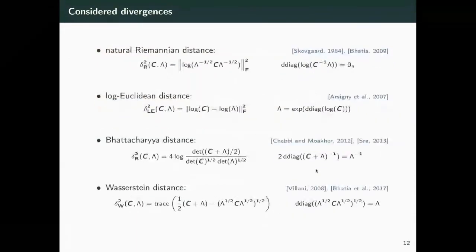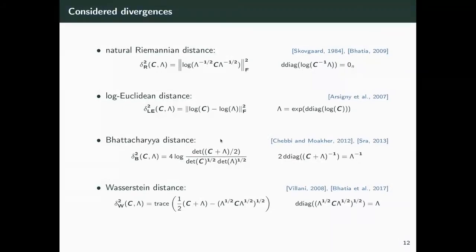Okay. So we have also considered other divergences, so the natural Riemannian distance, which corresponds to the Fisher distance when we consider Gaussian covariance matrices. And also we have considered the log Euclidean distance. So it can be, for instance, seen as a linearization of the natural Riemannian distance around the identity matrix. And we also have considered the Bhattacharyya distance.